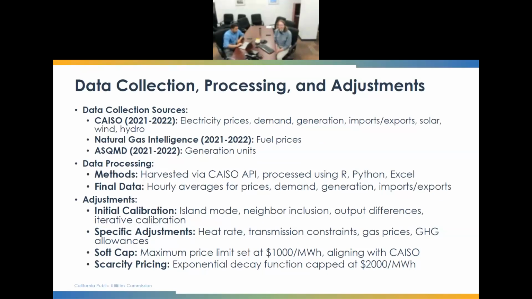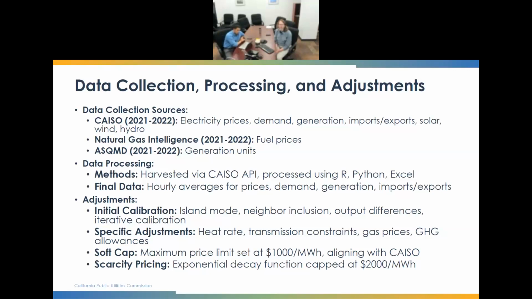The main take in the backtesting here: we start with data collection. We mainly collected data for 2021 and 2022, for electricity prices, the demand and supply side, as well as the import, export, solar, wind, and hydro. This comes from the CAISO website.